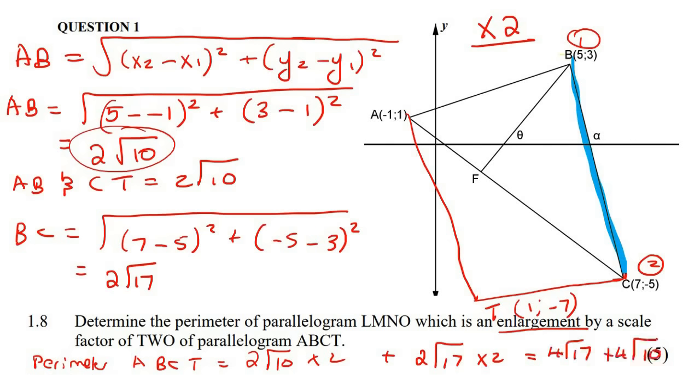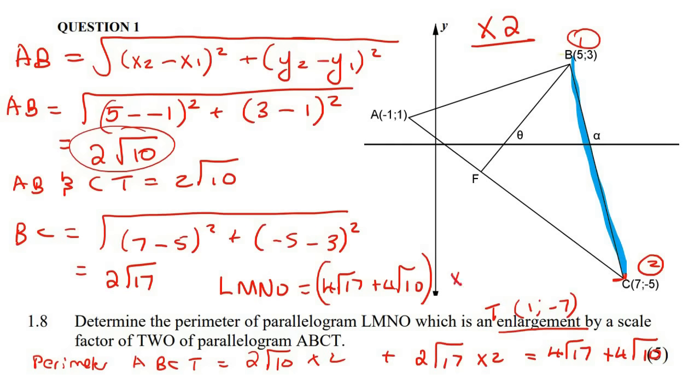We're then going to multiply that by 2 to get LMNO. So parallelogram LMNO would be 4 square root 17 plus 4 square root 10. Remember to put that in brackets if you're writing it again, and then multiply that by 2. And to 2 decimal places, we should be getting 58.28. And then we could just say units.